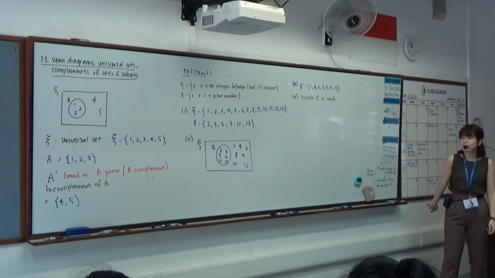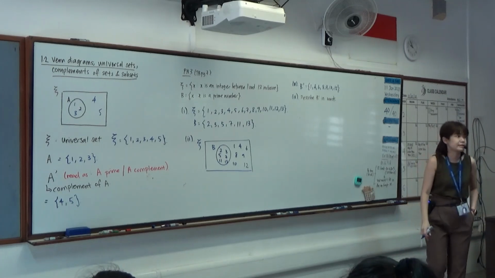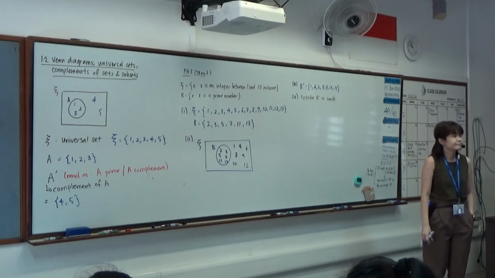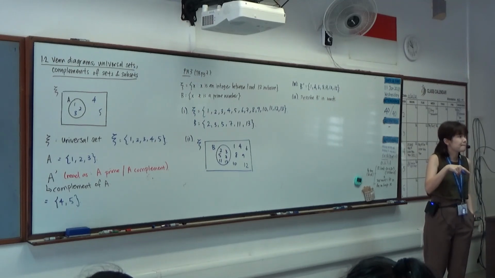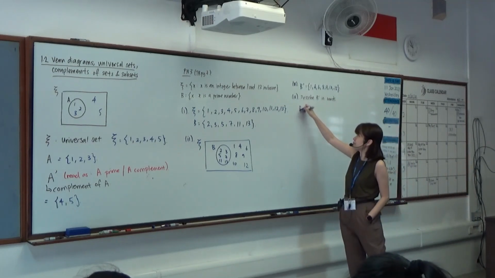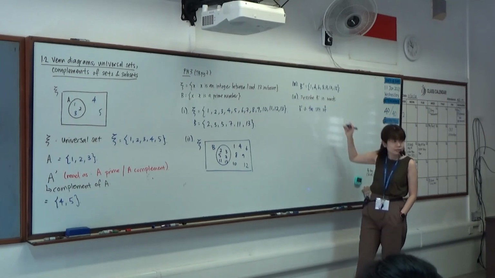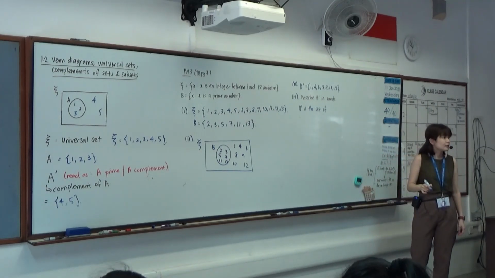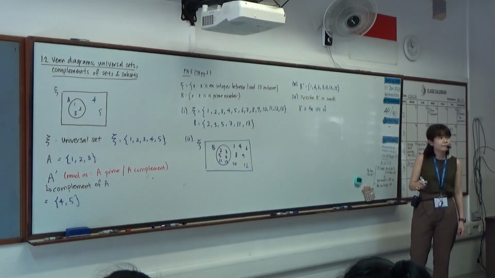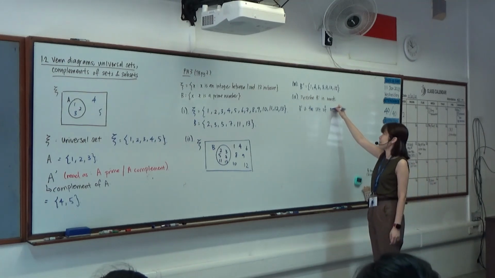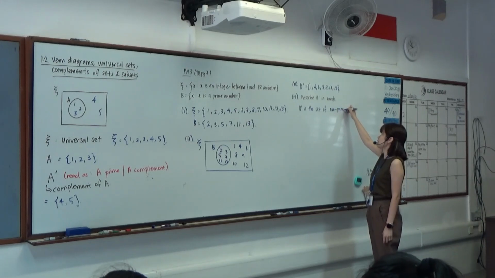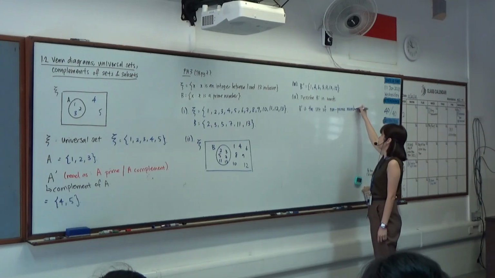Try to describe B prime in words, the complement set. B prime or B? We're looking at the complement set. Prime numbers, non-prime numbers. Non-prime numbers from 1 to 13.